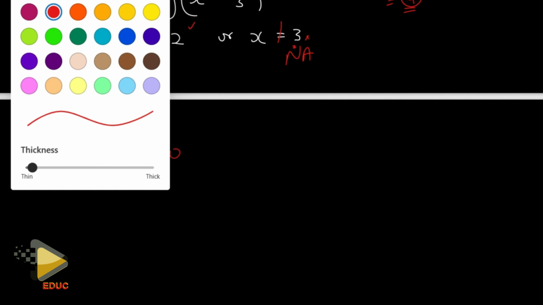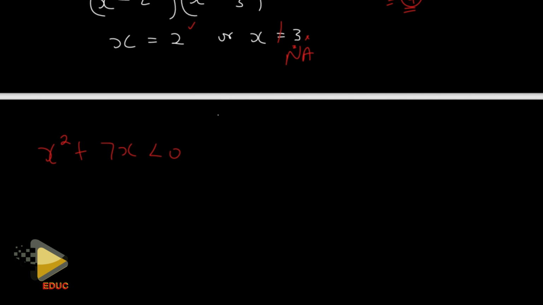So let's say, in this case, our a is greater than 0, and the inequality that we are having is less than 0. What matters is how we represent the solutions of this.